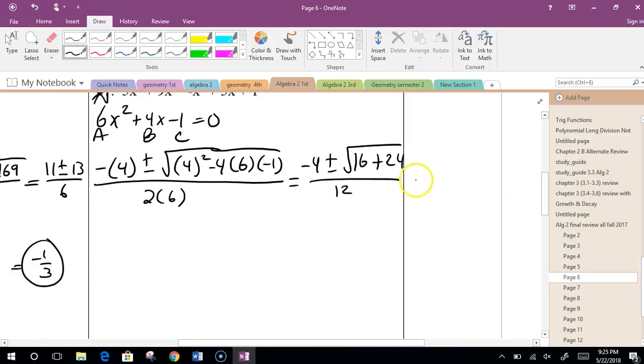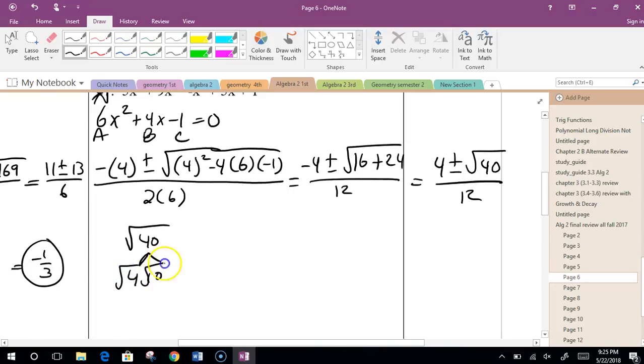All divided by 12. Well, 16 and 24 would give us negative 4 plus or minus the square root of 40 over 12. Now 40 is not a perfect square, so we need to simplify the square root of 40. Well, that would be 4 times 10. Take the square root of the 4, which would simplify into 2 square root of 10.